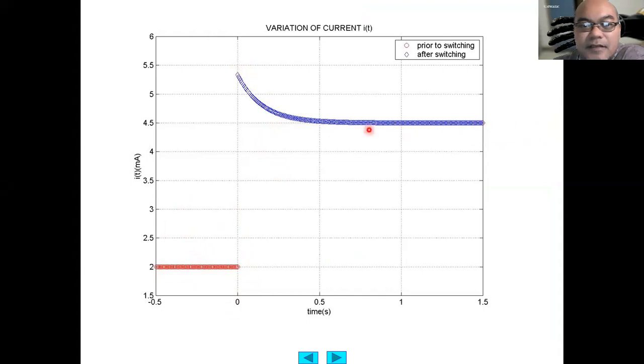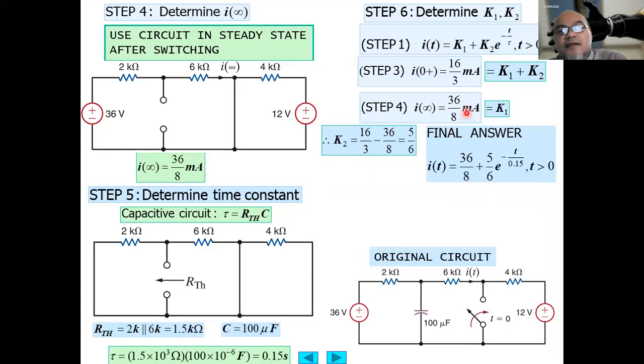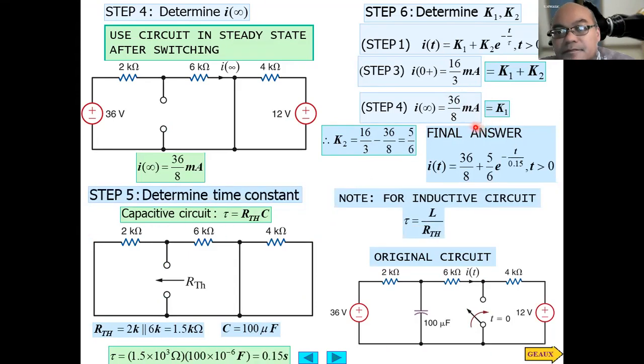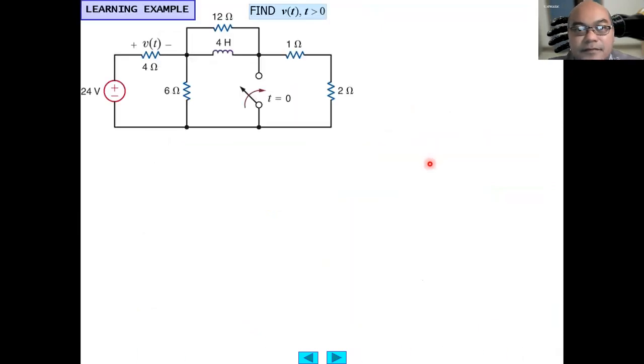The current at infinity is 36/8, or more or less about 4.5 milliampere, like this, the steady state value. Okay, any questions? Not yet?